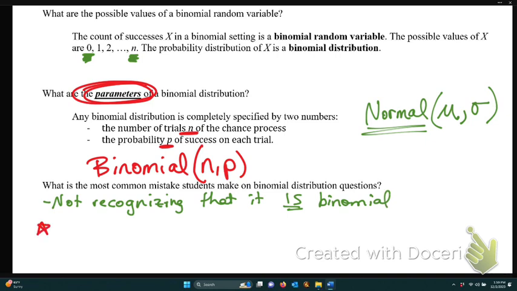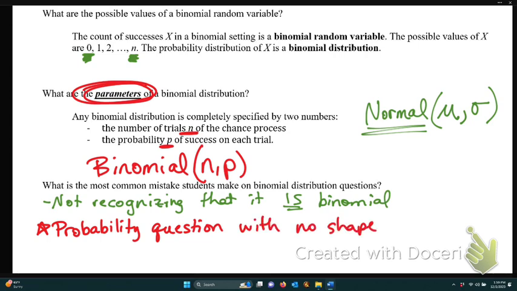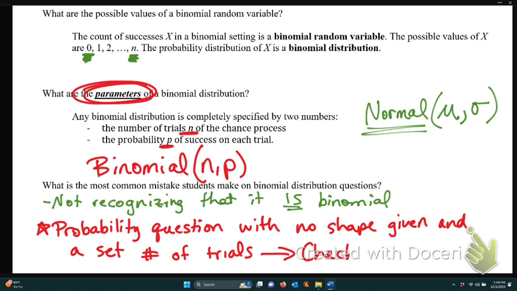You are looking at a problem and you notice that it's asking you about probability. So if you have a probability question with no shape given and a set number of trials, you will probably need to go ahead and check the BINS, because it's probably going to end up being binomial.